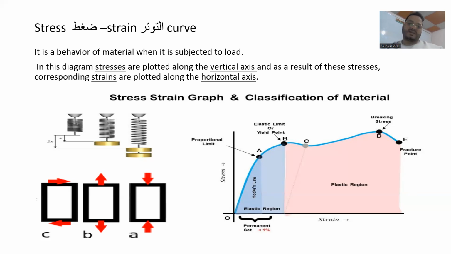Okay, let's take some specific details. Here I have many pictures. The first one illustrates Hooke's law. Specifically, the change will be in the length. By increasing the weight, the change in length will be bigger and bigger.